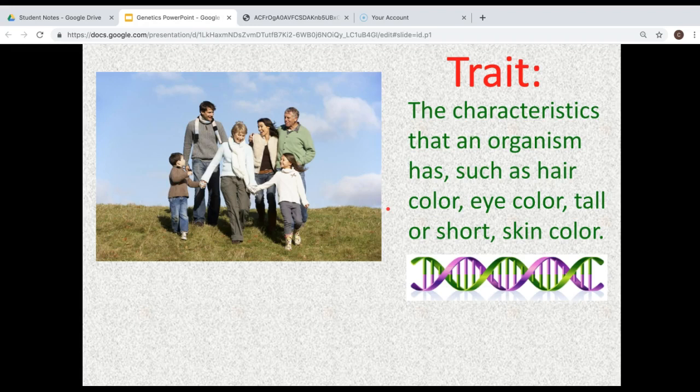It's our appearance, how we act. Those are coded for by our genes, specifically our DNA, and even larger than that, our chromosomes.